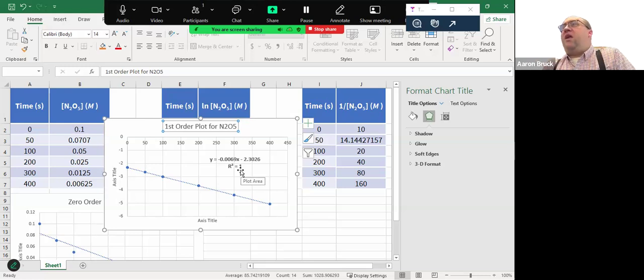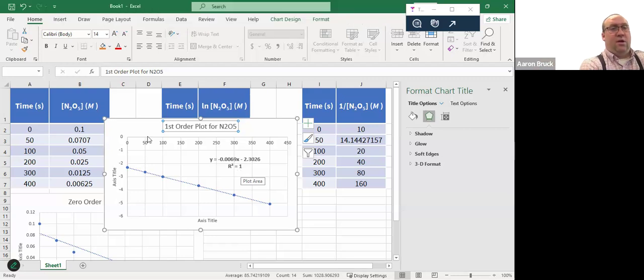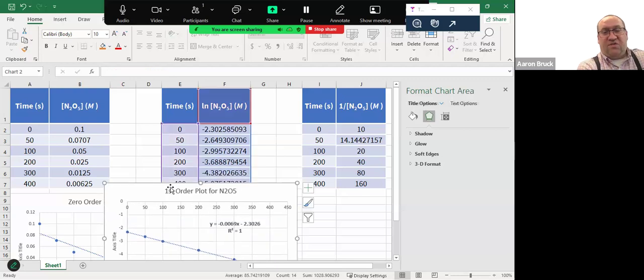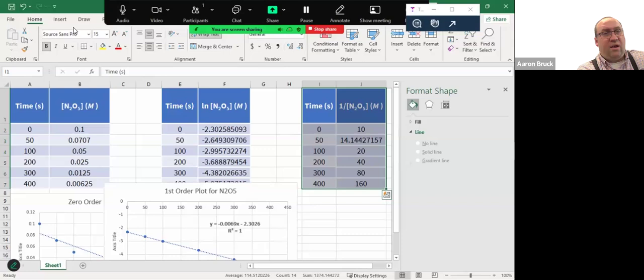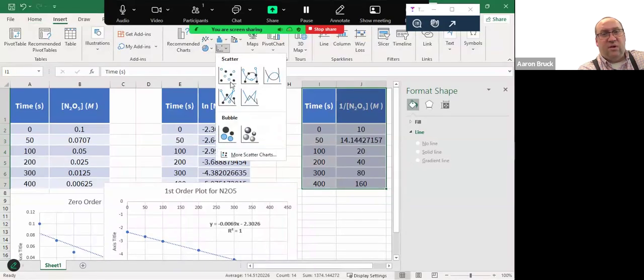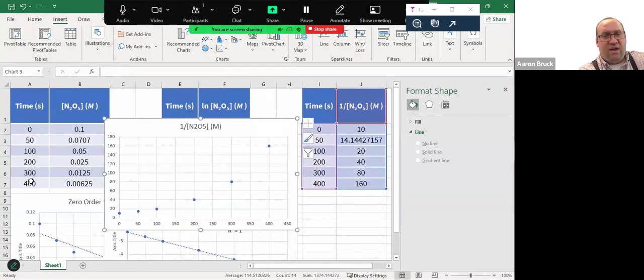So the original claim that this was a first order reaction seems to hold up pretty well. We've got something that's perfectly linear here. Now, just for the sake of completeness, let's go ahead and do the second order plot just to verify.